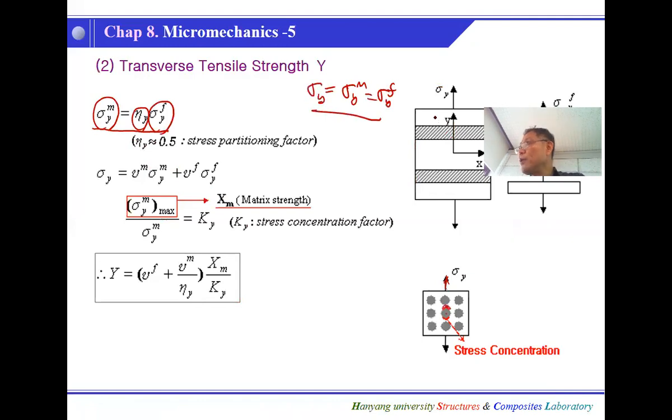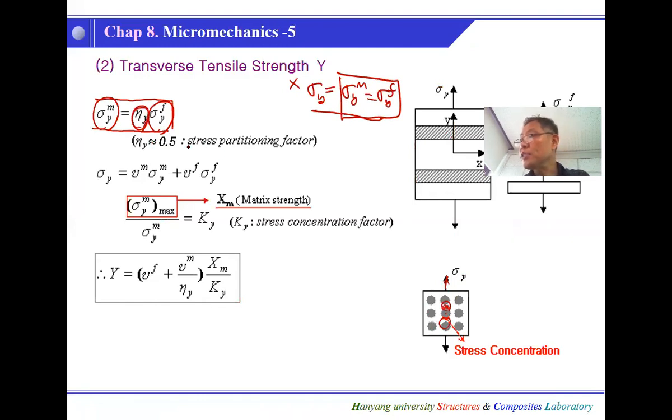We just assumed that because this is just a parallel array or a series array. But again, due to this complicated stress distribution, this is no longer true, especially for strengths.